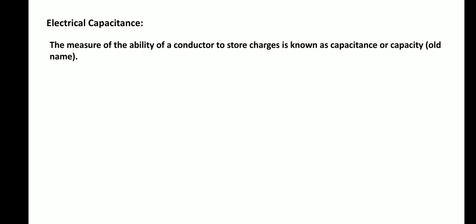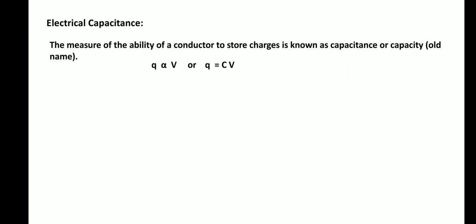Each conductor has its own ability to store charge. That means each conductor has its own capacitance. Now the charge in the conductor is directly proportional to the potential difference between the conductors.